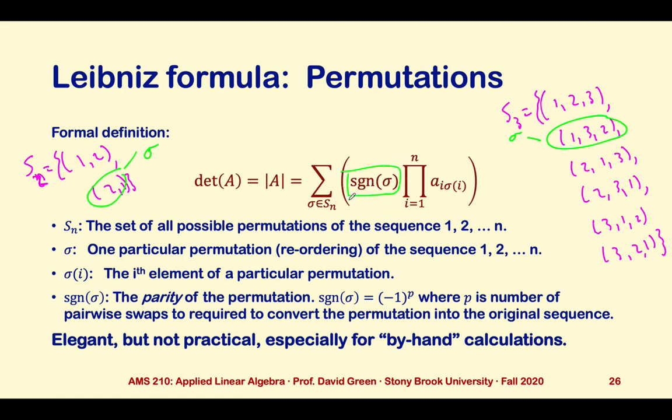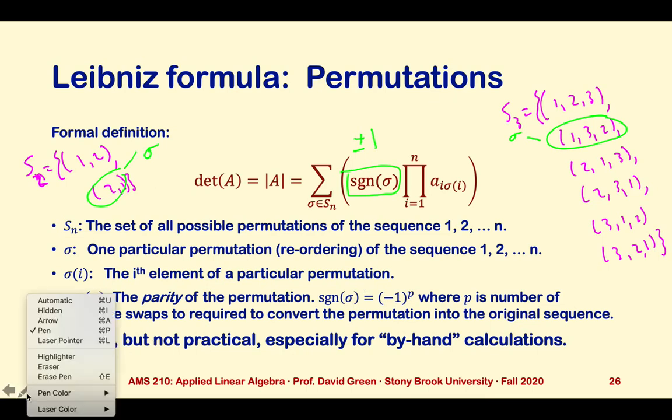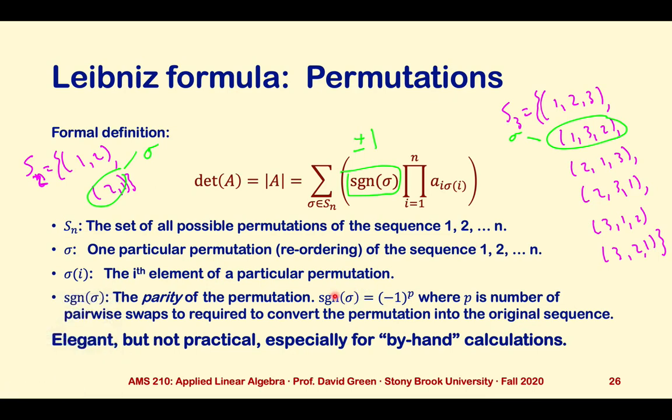The signum or signature or parity of sigma is a value that is either plus or minus 1. And it's given by the expression shown here. The parity of the permutation is -1 to the p, where p is simply how many times we need to swap individual numbers to get back to the original sequence.